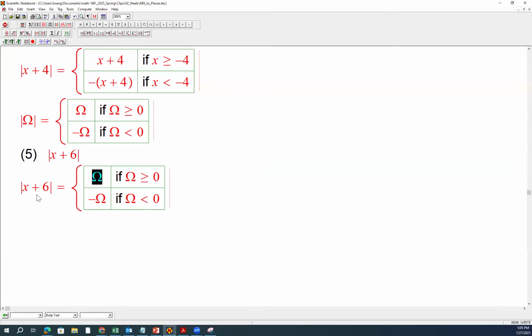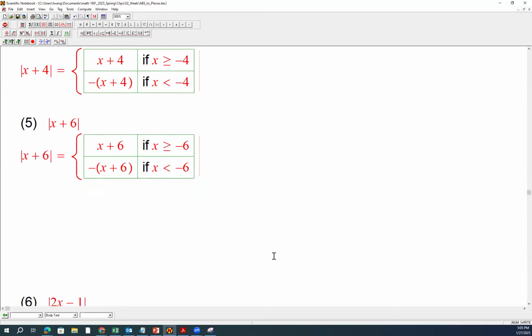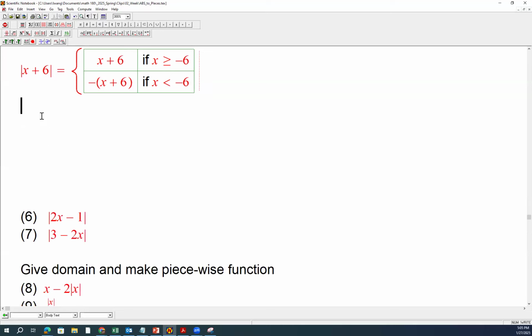The absolute value of x plus 6 is the same as x plus 6 if x plus 6 is positive or 0. The absolute value of x plus 6 is its opposite if x plus 6 is negative. You see? And then this will become x greater than or equal to -6, and this will change to x less than -6. All right, 2 more.